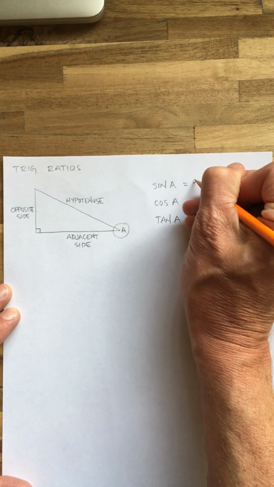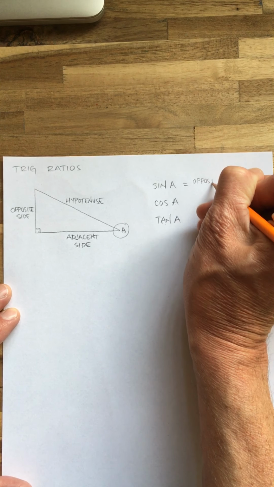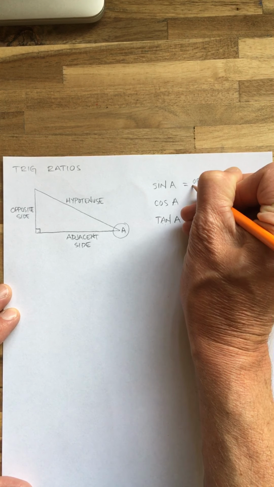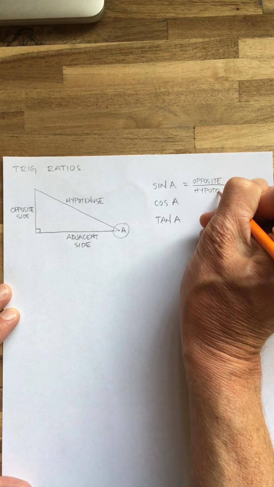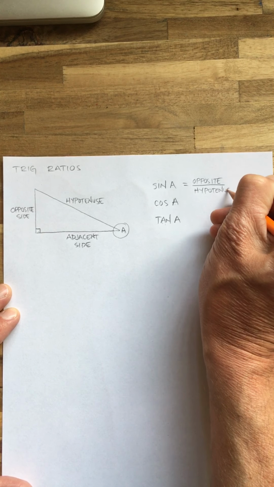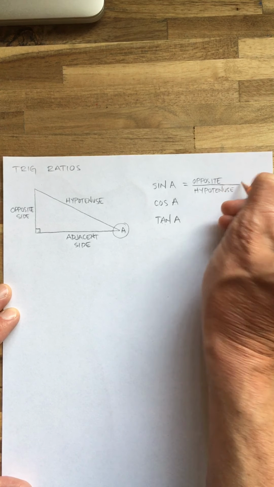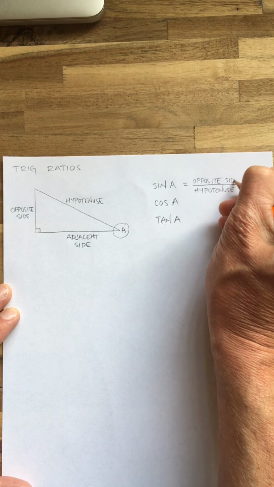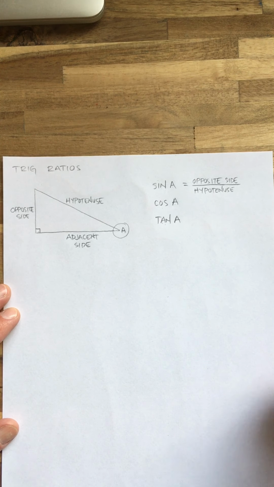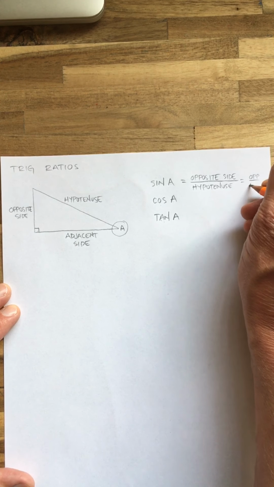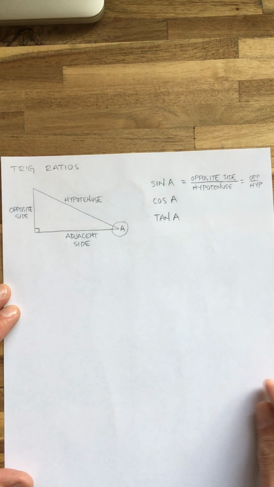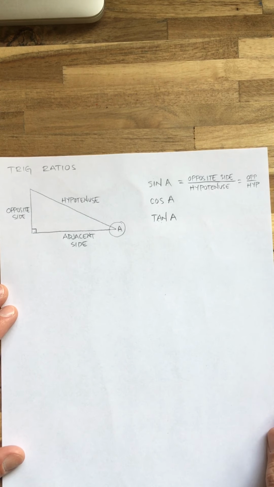So it's going to be the opposite over the hypotenuse, which is basically here. I'll just go like this, opposite over hypotenuse. Is that better? That way you just have a couple letters there.